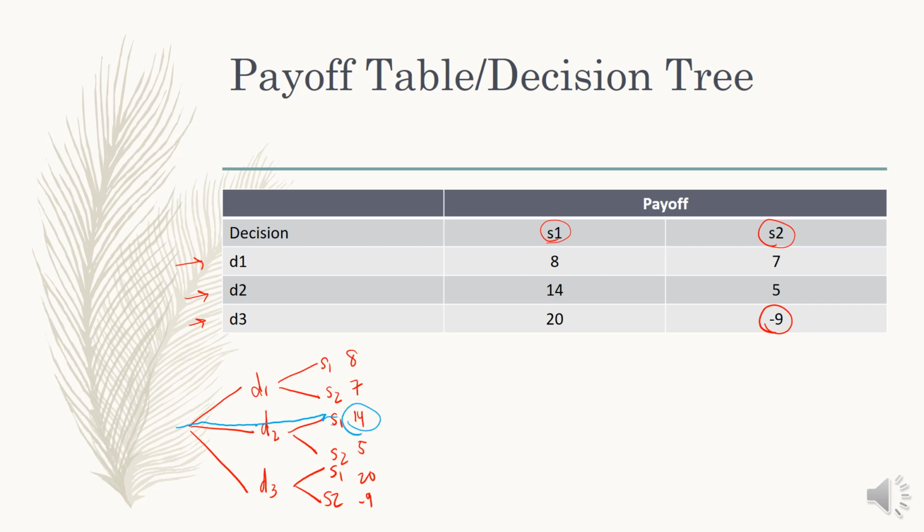Or I can draw another one here, maybe in purple. Let's say that the company decides to do the large complex, but then we have a strong demand, their payoff will be 20. So this is kind of the payoff table. You can see it in terms of the tree, but this table we're going to use for all the different approaches that we'll look at.